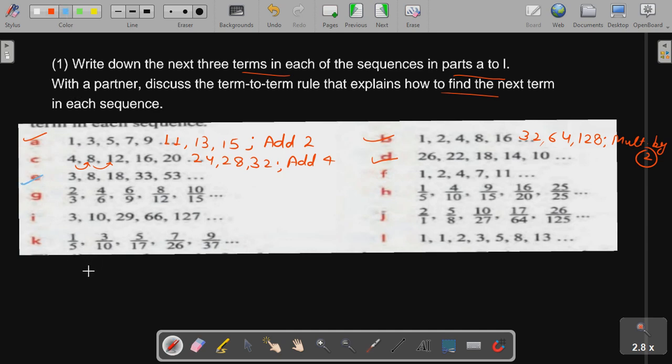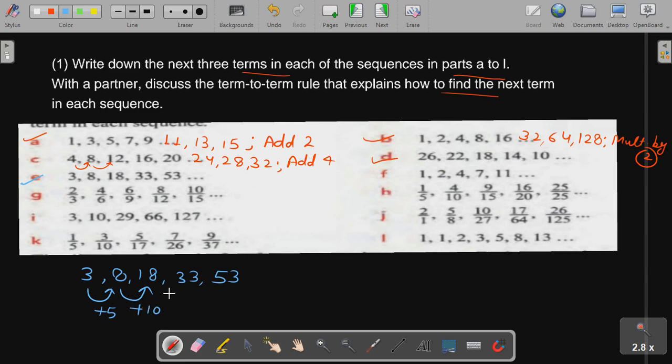E option: 3, 8, 18, 33, 53. What is the gap? It is 5. If we add 5 to 3, we get 8.